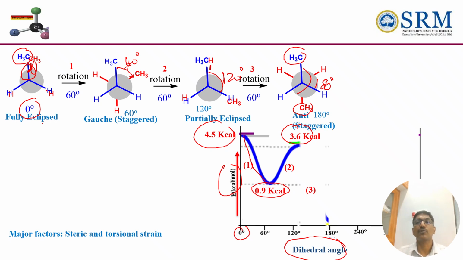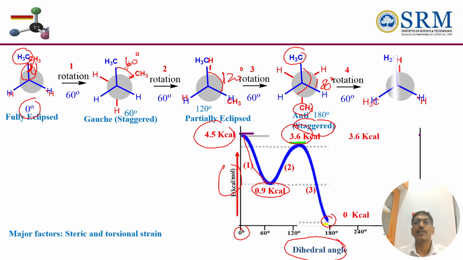So the energy is very low. It is the lowest energy for this particular conformer, which is the anti. Again, it's a staggered conformer, and all anti conformers are staggered, but otherwise not possible.